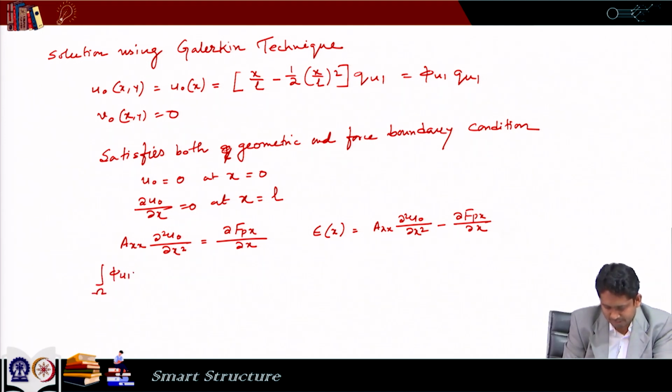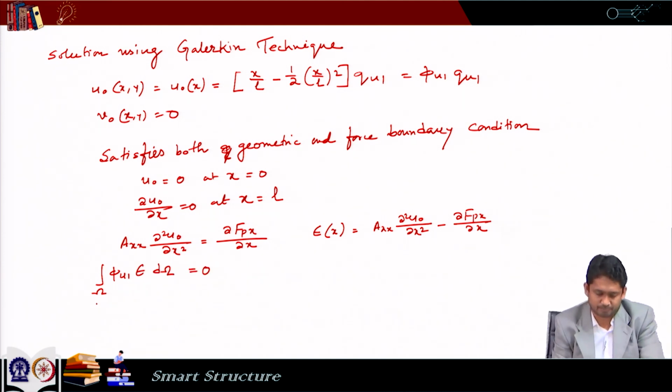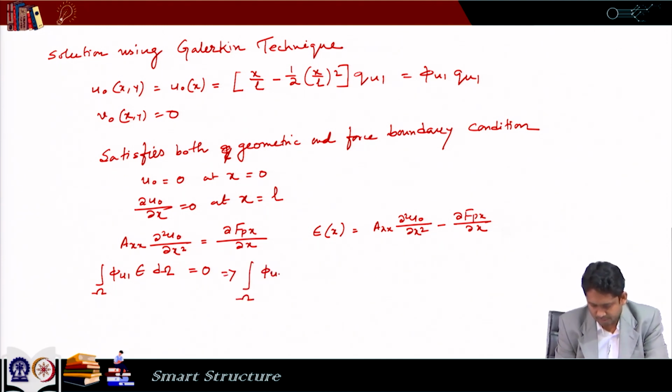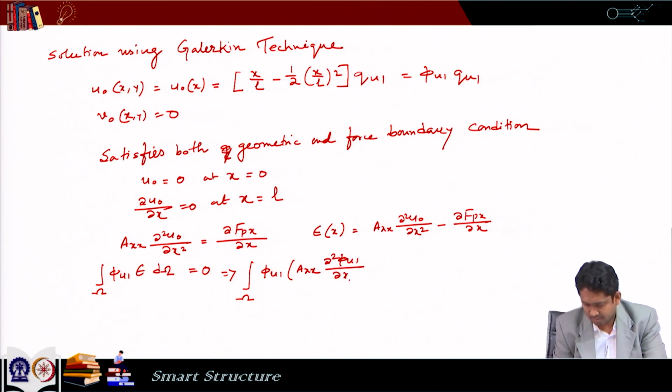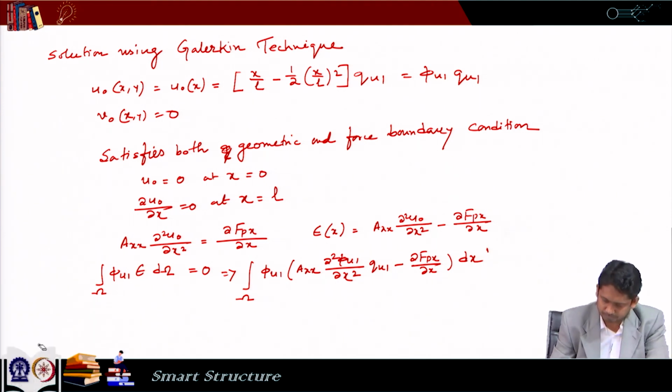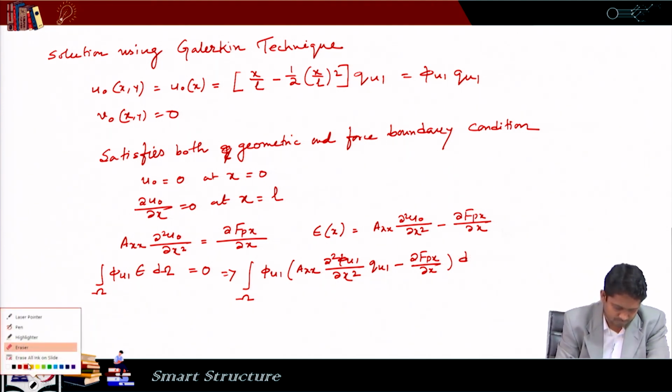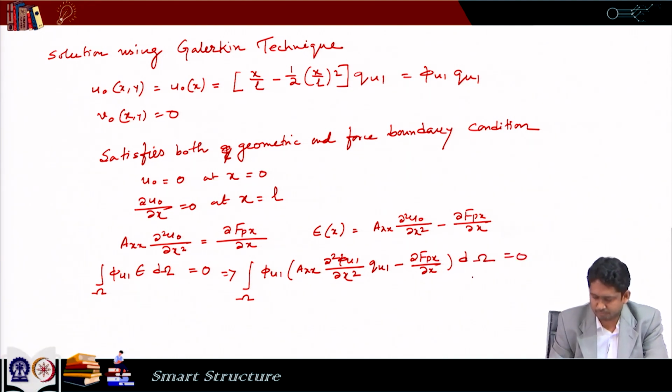So, we have phi u1 multiplied by epsilon d omega integrated over omega is 0, which also tells us that the integral of phi u1 multiplied by A x x multiplied by del 2 phi u1 by del x 2 multiplied by q u1 minus del f p x by del x, dx, d omega, is equal to 0.